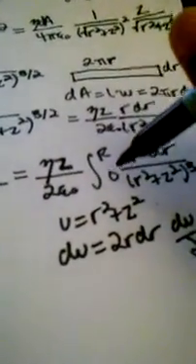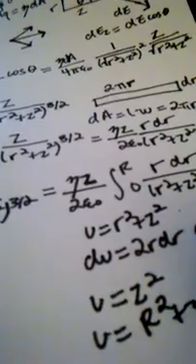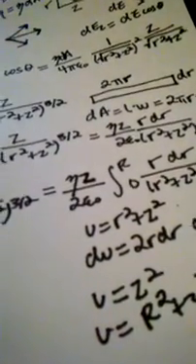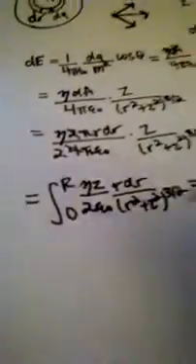So the r values 0 and R correspond to what values that u can attain, right? So when r equals 0, then u equals z squared. When r equals capital R, u equals, oh God, I'm going to run out of space, aren't I? R squared plus z squared. All right, so here's where things are going to get small. So now transforming all of this.